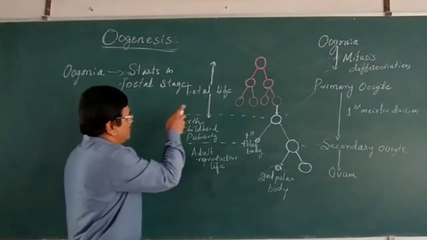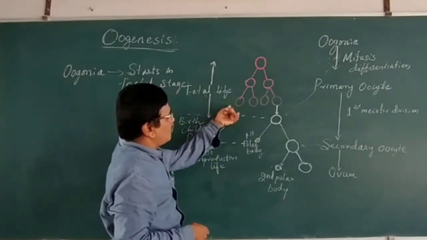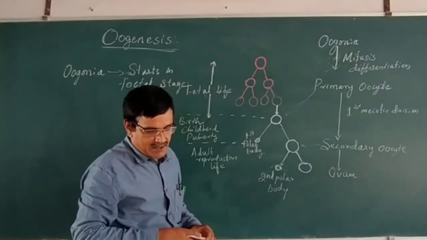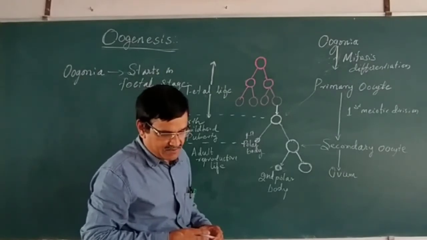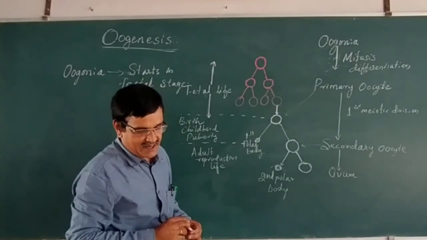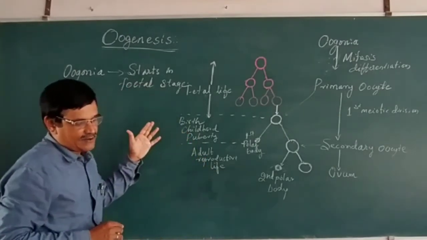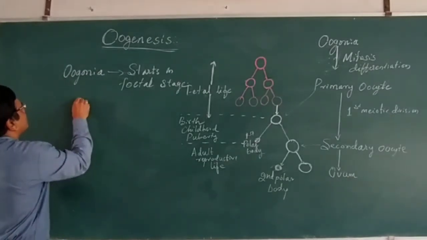Okay. Then these oogonia later on start division and enter the prophase of the first meiotic division and get temporarily arrested at this stage. And these cells are known as primary oocytes.